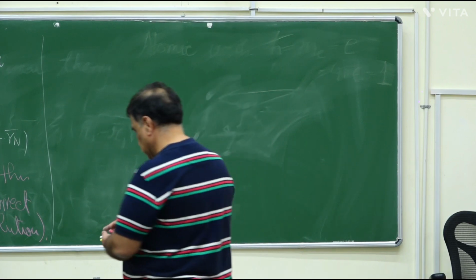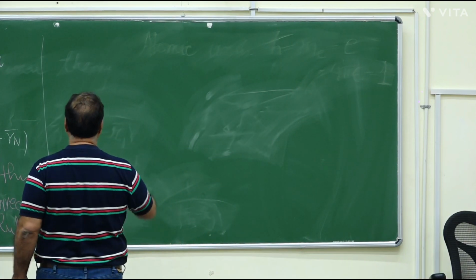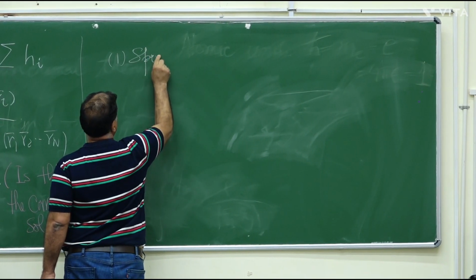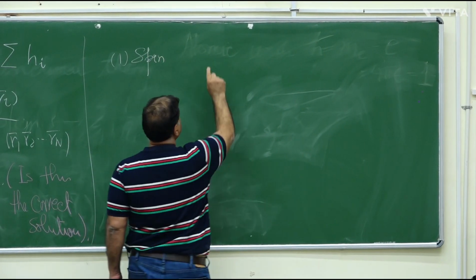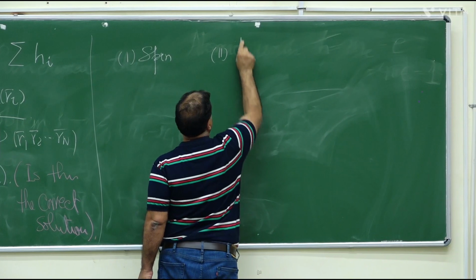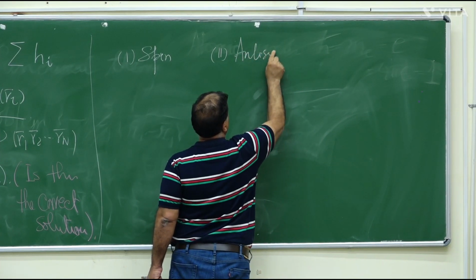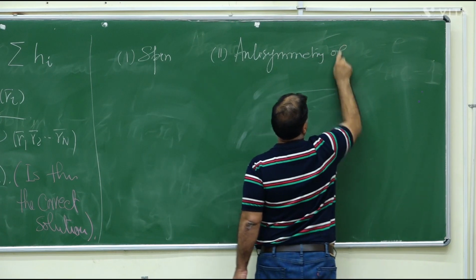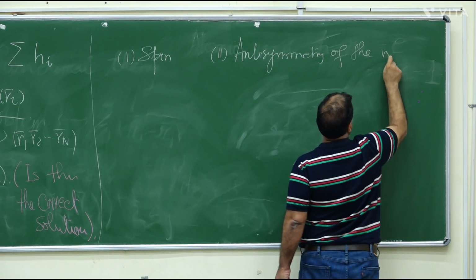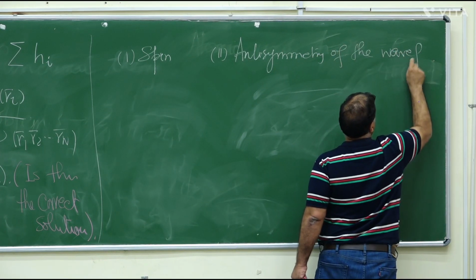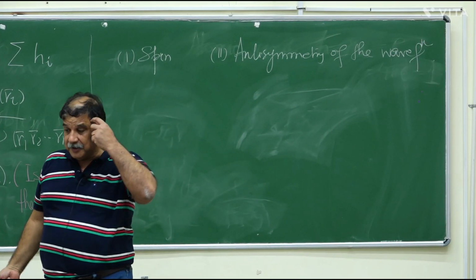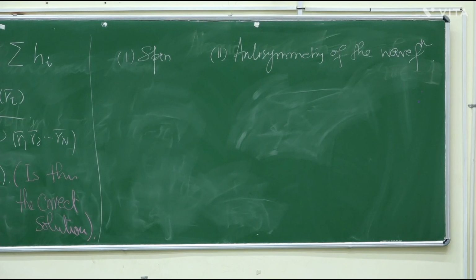So I've ignored two things. One, since we're talking about electrons, spin. And second thing I've ignored is the antisymmetry of the wave function. It may not matter, but for completeness I should write everything correctly, right?